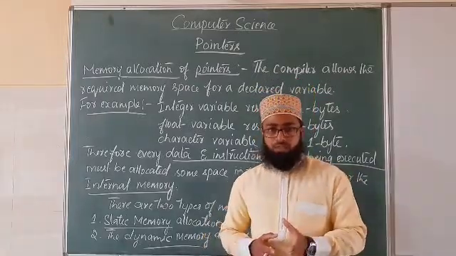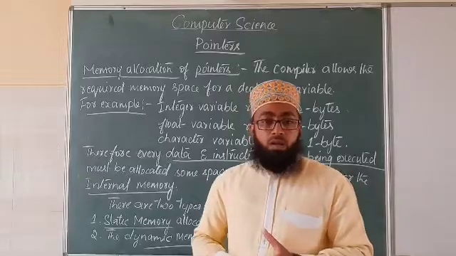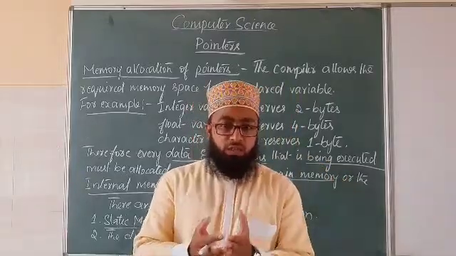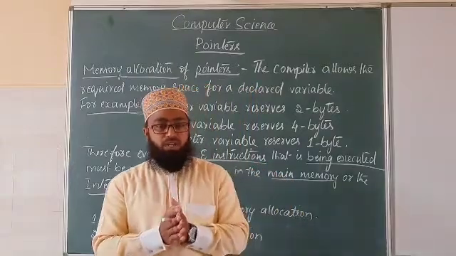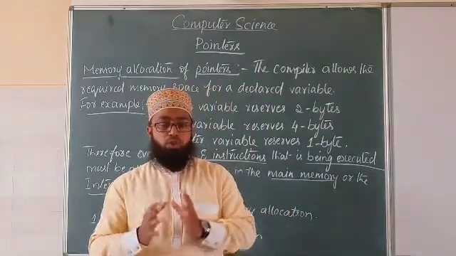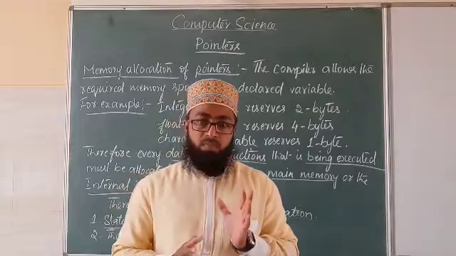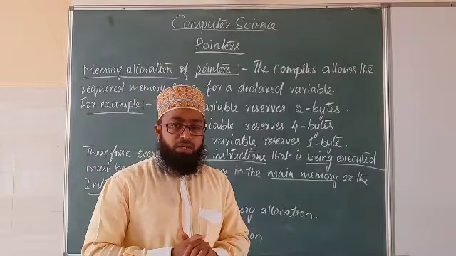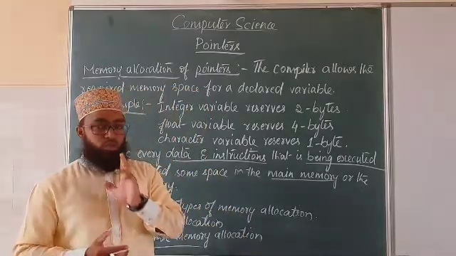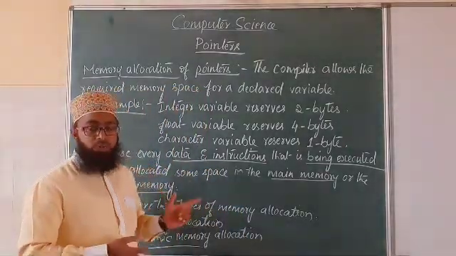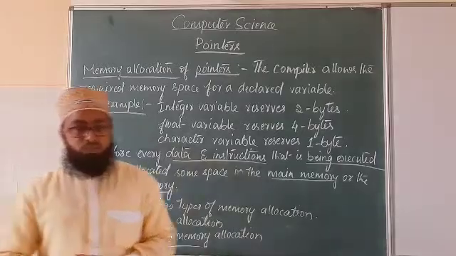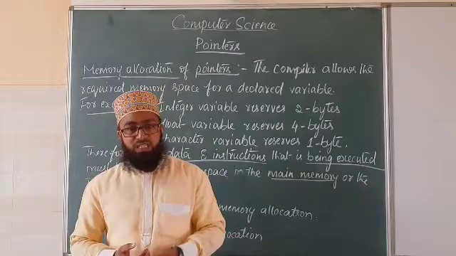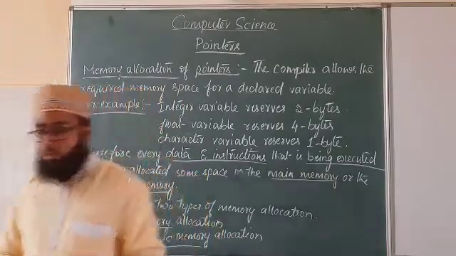The data or instructions which are ready for execution need memory to be allocated, and under pointers this allocation can be done in two types. One is static memory allocation and the next is dynamic memory allocation. Now we shall see what static memory allocation is.